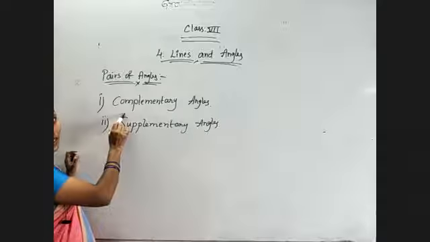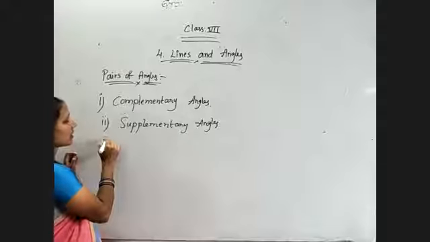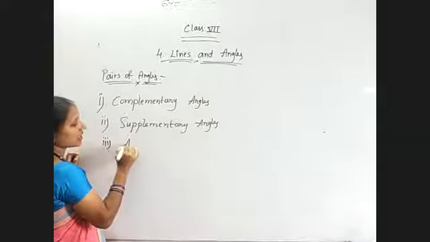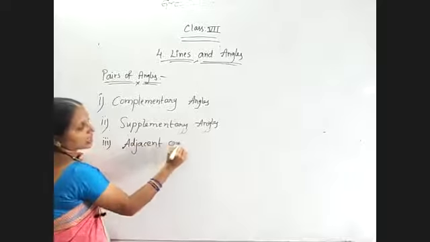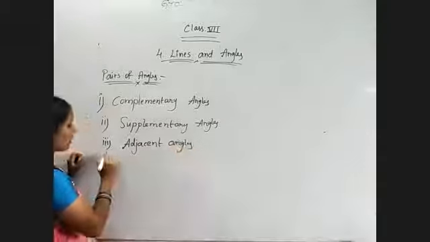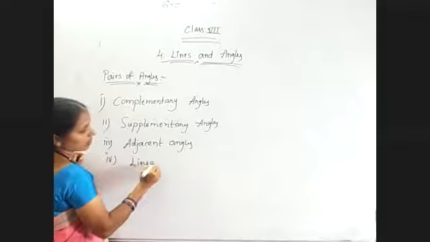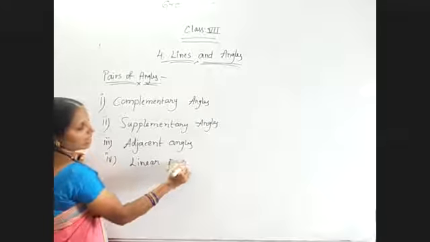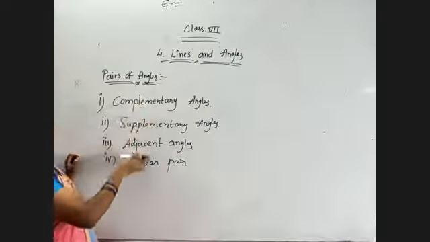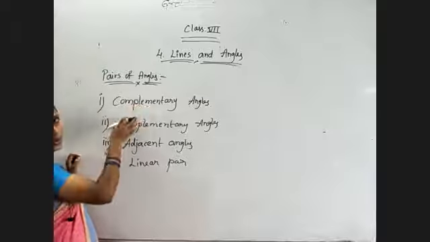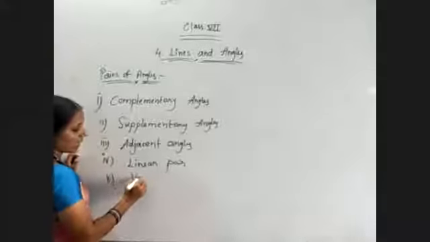Complementary angles is one exercise, supplementary angles is another exercise, and thirdly we have adjacent angles, and after that we are going to learn about linear pairs. All these are types of angles when we are taking pairs of angles, meaning two angles. This is completely about two angles, not one angle. And next, the fifth one, vertically opposite angles.